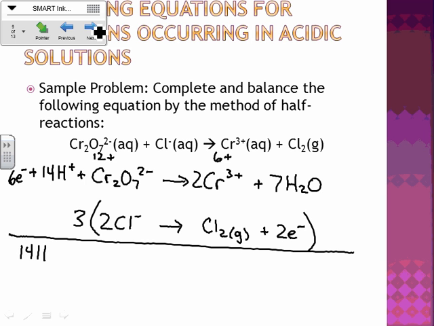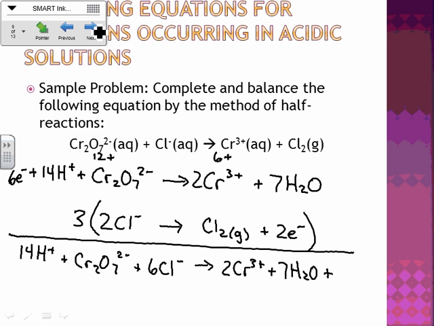So we've got 14 H pluses here, plus Cr2O7 2 minus, plus 6 Cl minus, yields 2 Cr3 plus, 7 H2O, plus 3 Cl2.